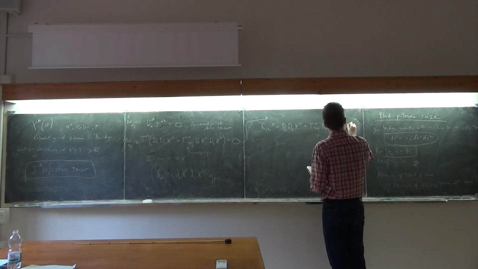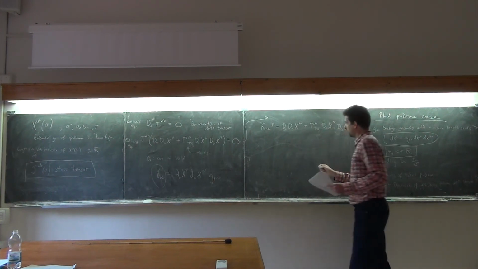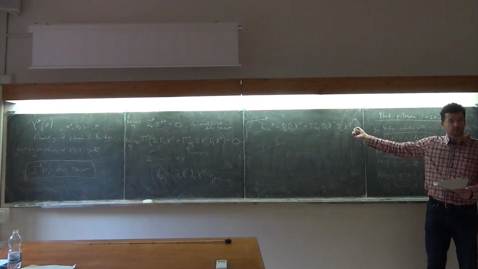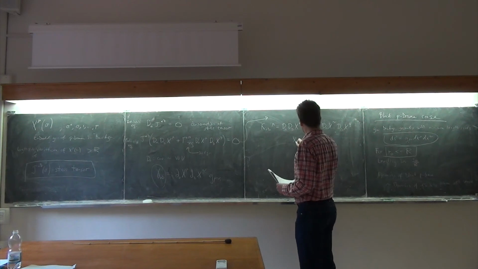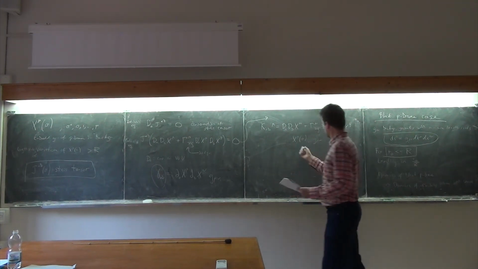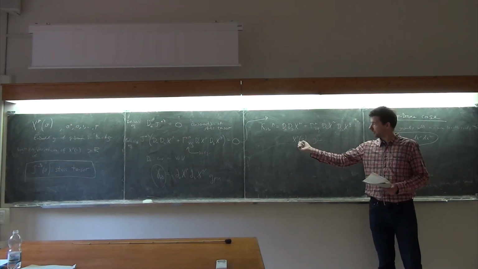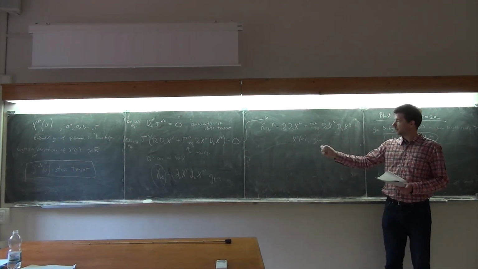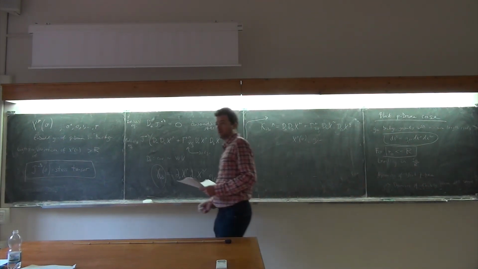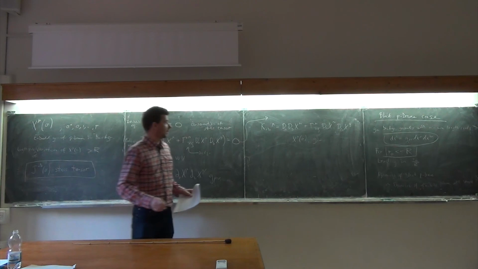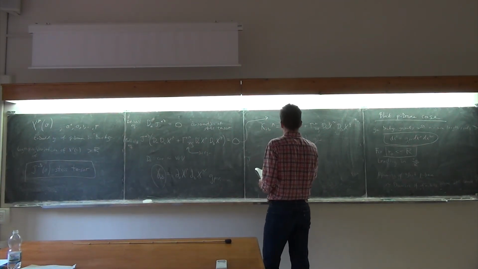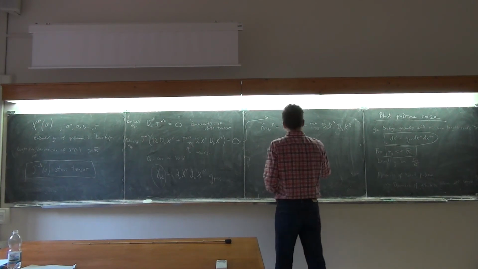It's customary to define this object because it is a purely geometric object, which you can compute completely in terms of the embedding and background geometry. And you call this the extrinsic curvature tensor.